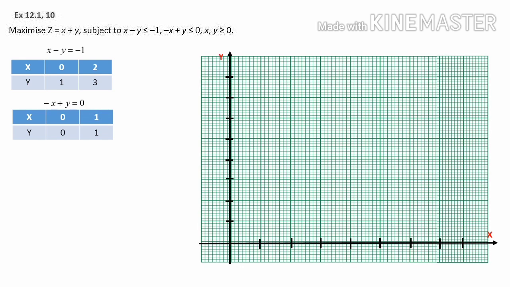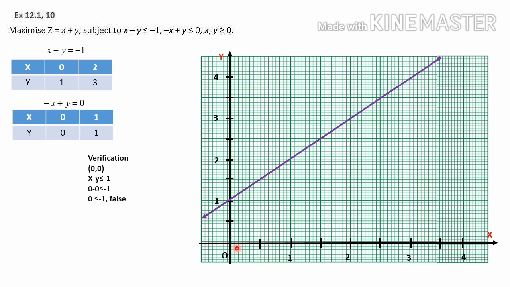Now let's plot these points in the graph sheet. First point is (0, 1), then next is (2, 3). If I plot (0, 1) and (2, 3), the line will go like this. Next we go for the verification part. I'm taking a point (0, 0) which is below the line. If I put (0, 0) in x minus y less than or equal to minus 1, I get 0 less than or equal to minus 1. 0 is not less than minus 1, so the statement is false.